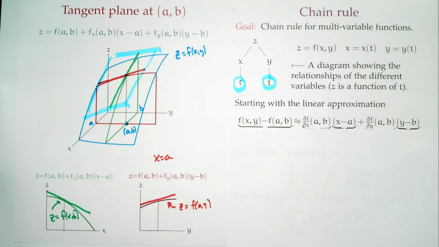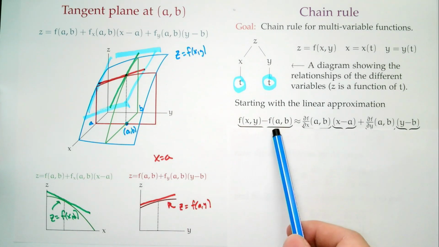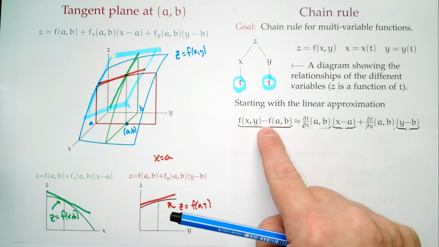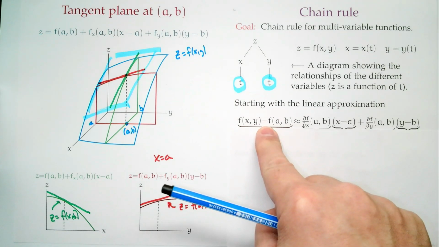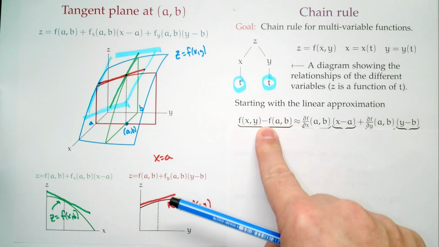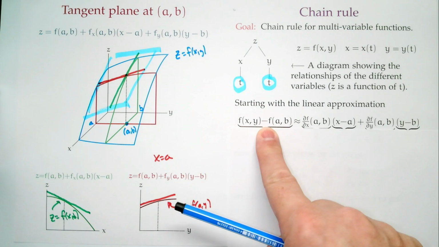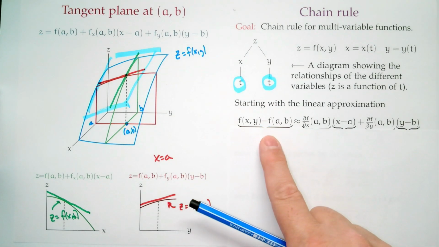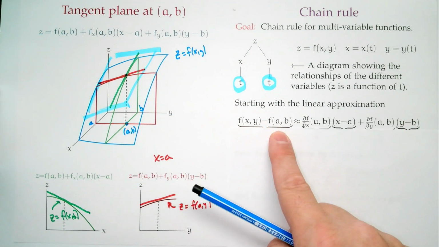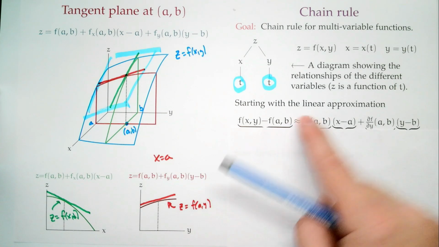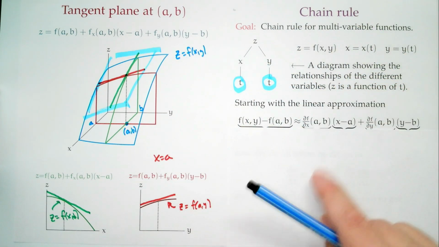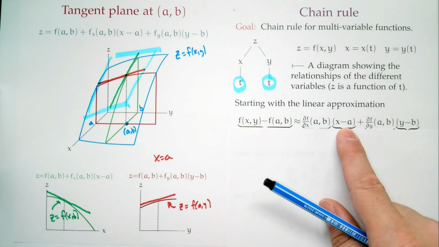Any ideas? How can we think about it? Well, there will be limits in a minute. But first off, those are heights, right? But notice that we're taking a subtraction. So what does it do when we look at subtraction? It's like change. So this right here is the change in your output, which is the change in z. x minus a, what is that?